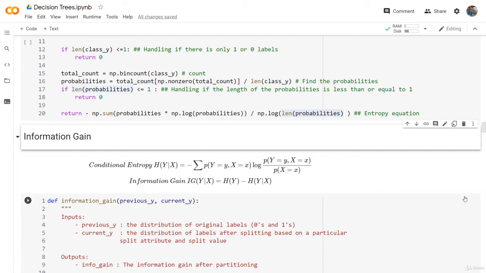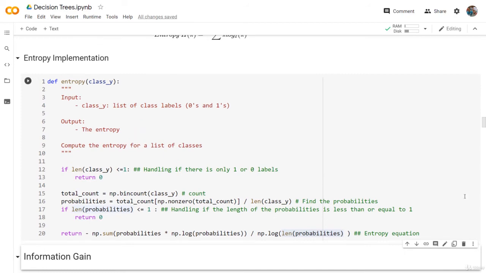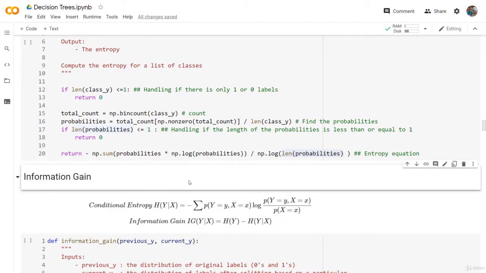So this is the concept of the information gain. The information gain is based on the entropy. So that's why we explained the entropy and implemented it. As we can see here, information gain of y given x. So the information gain of our labels given that we know x.